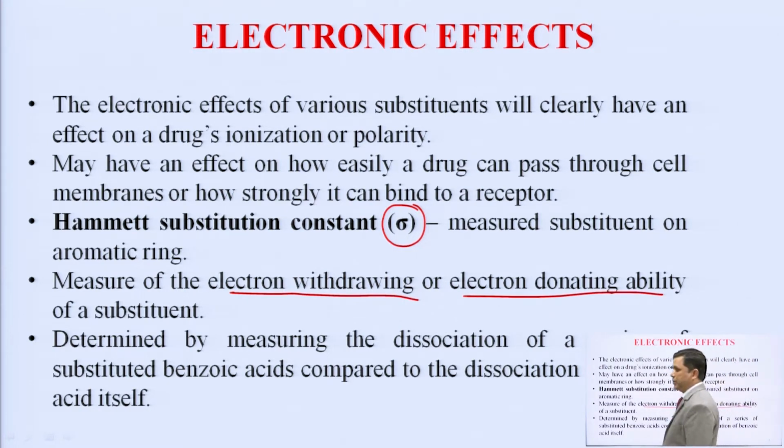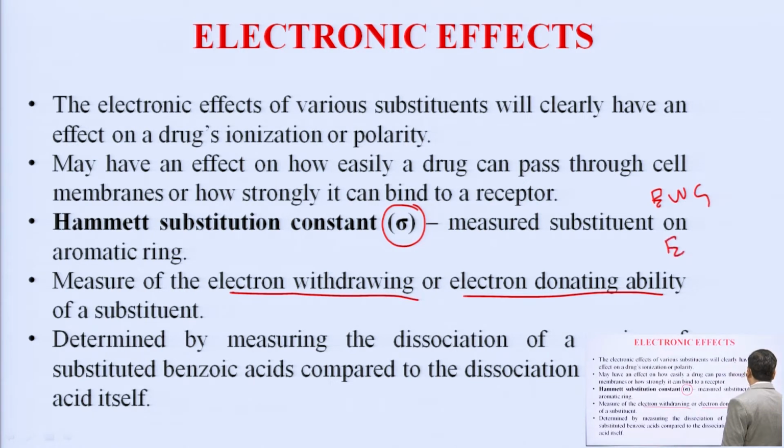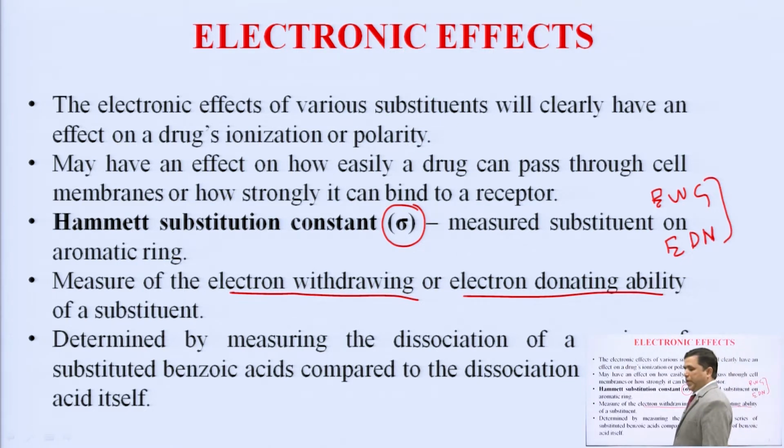So, we divide the substituents into the electron withdrawing group and the electron donating group. As we know, an electron withdrawing group decreases the electron density, and an electron donating group increases the electron density.